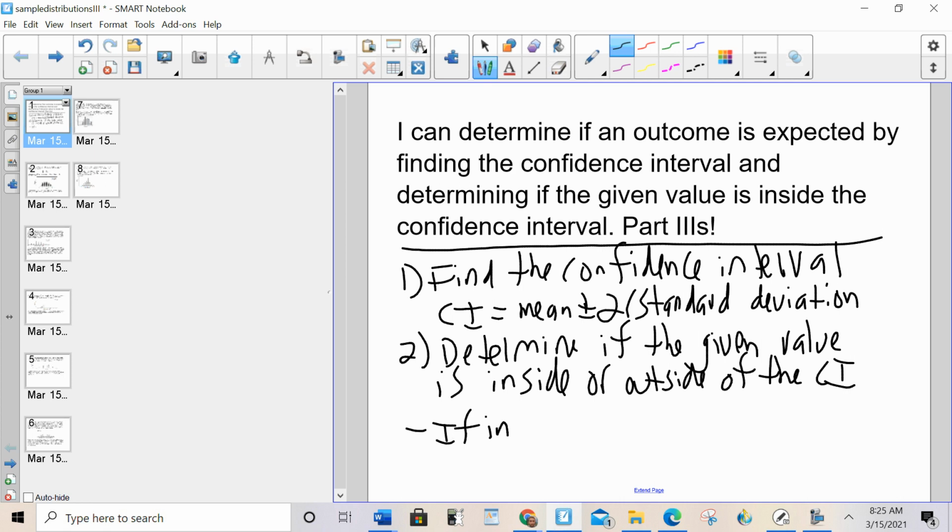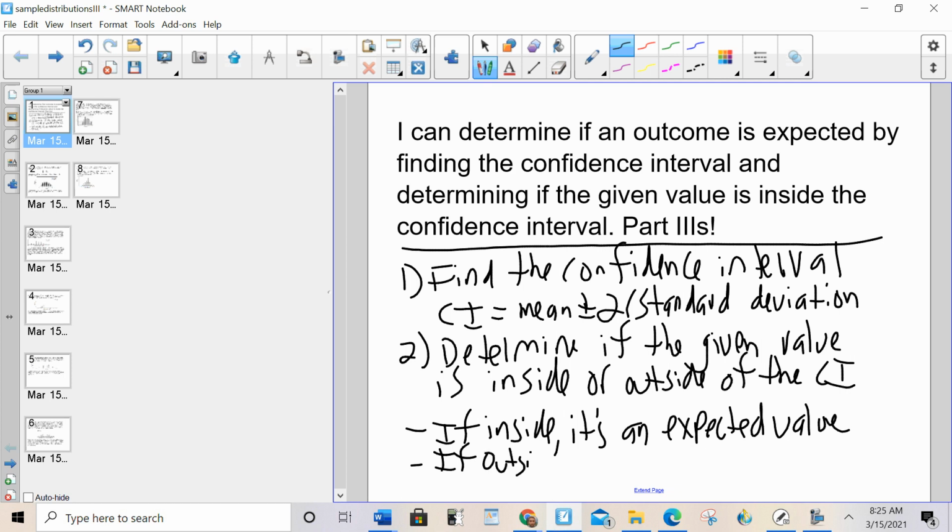If inside, it's an expected value. If outside, it's not an expected value.